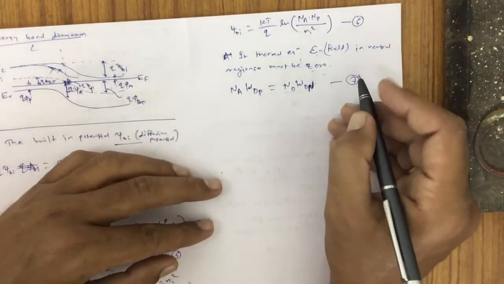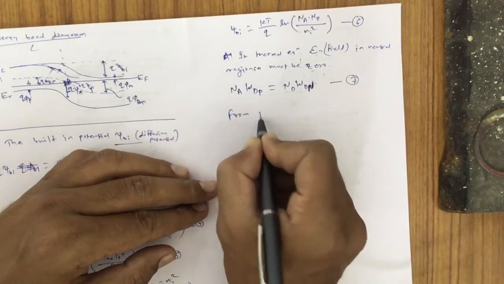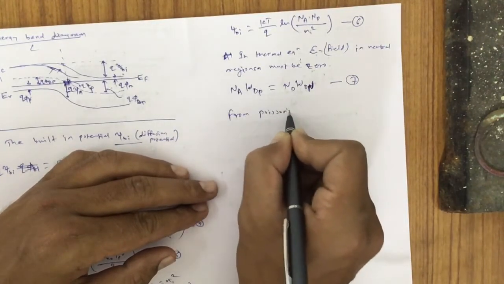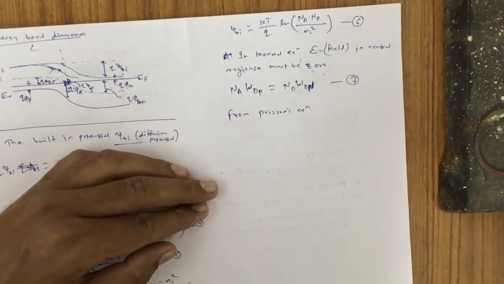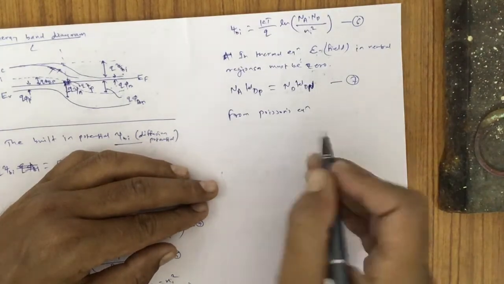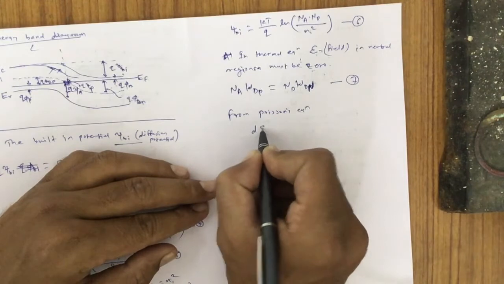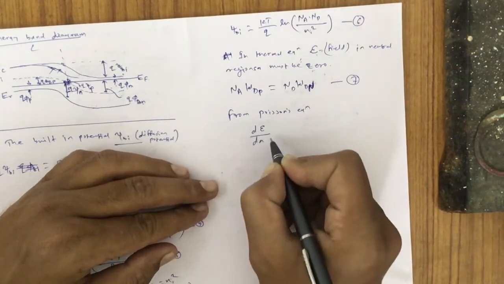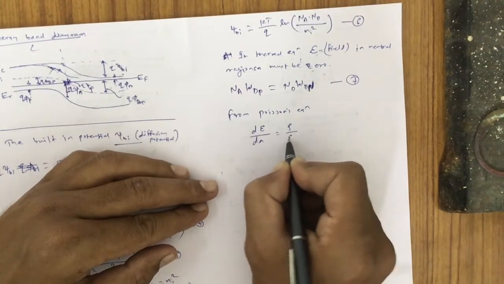So from the Poisson's equation we can obtain the following. What is Poisson's equation? That is nothing but the gradient of the electric field gives us the corresponding charge density. So dE by dx is equal to rho by epsilon s.